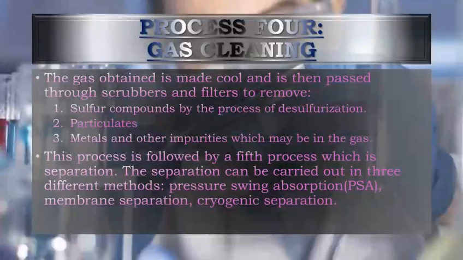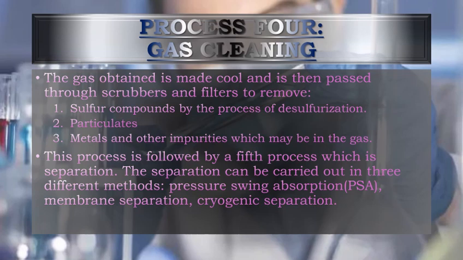Process 4: gas cleaning. Next, the gas mixture must be cleaned. As shown in the picture, a scrubber system is used to remove the impurities. These are the things which are being removed: sulfur compounds through desulfurization, particulate matter, metals and other contaminants.